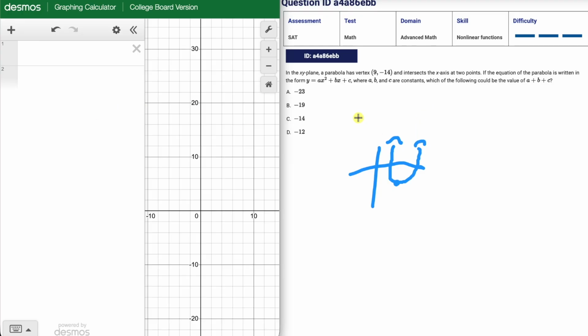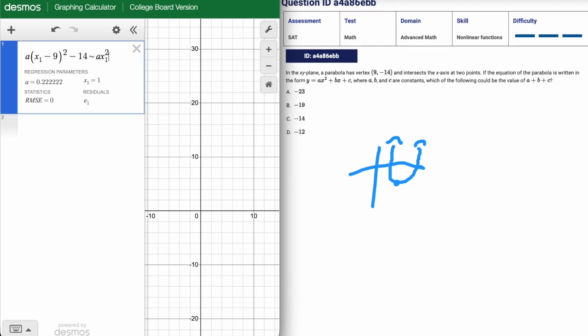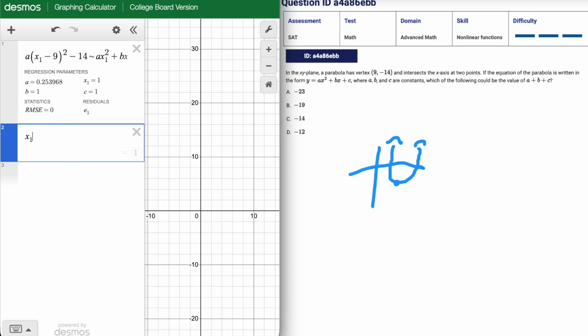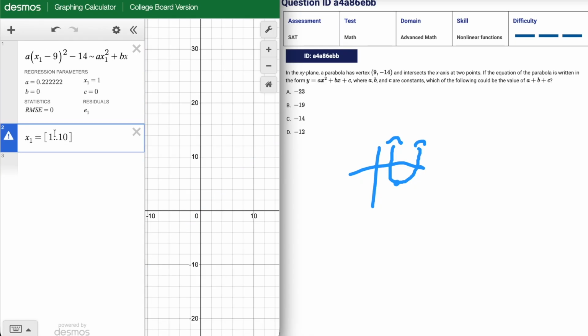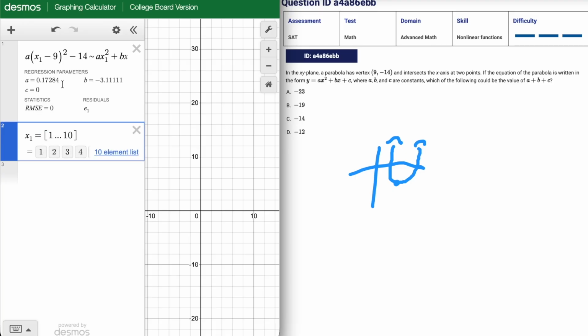Now, what most of you probably did is you said, okay, I have this in vertex formula, and it wants me to put it in this form, so I would just use regression. So I would write this in vertex formula: a times (x1 minus 9) squared minus 14 equals ax1 squared plus bx1 plus c, and then define x1 equals 10.